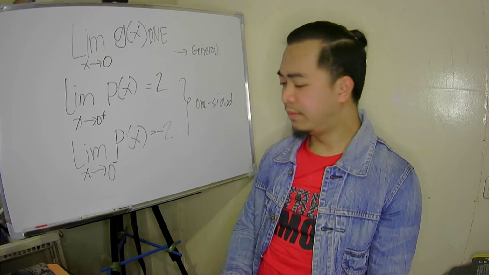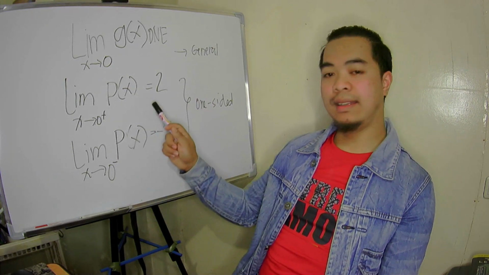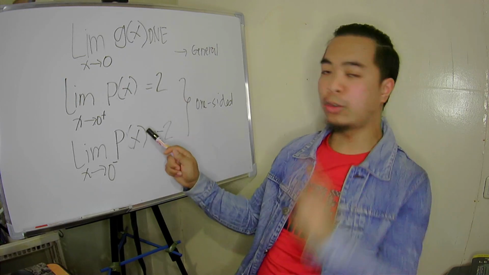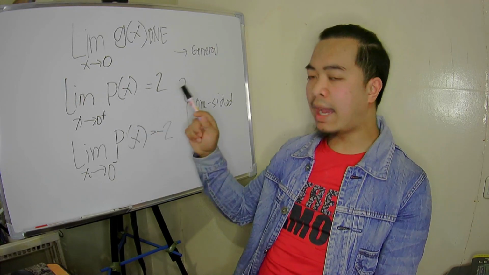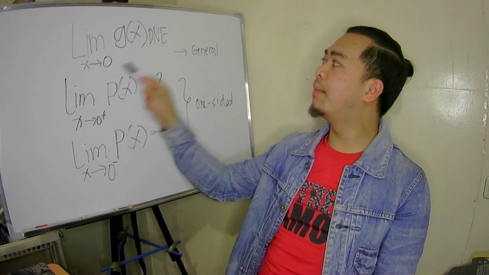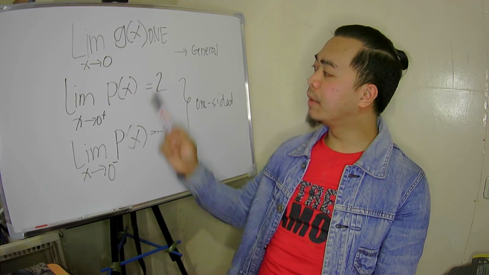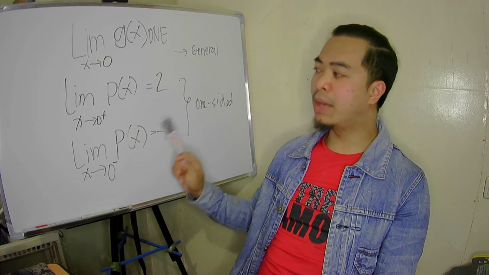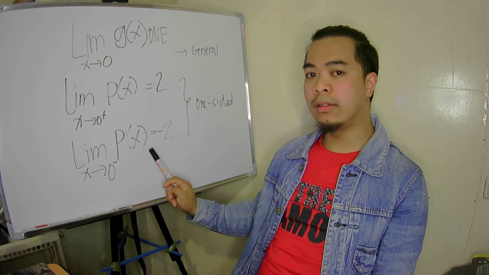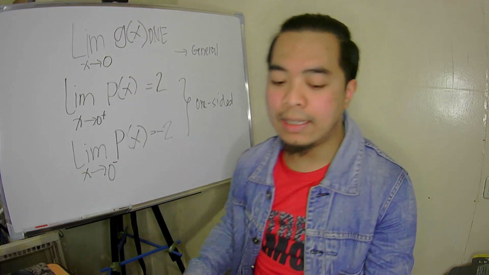That is correct. Kailangan nag-i-exist yung dalawa, the two one-sided limits. At the same time, kailangan equal sila para may value itong g of x. So maaari din na meron ito pero wala yan, infinity ito, may value ito, hindi pa rin magkakaroon ng value yung general limit natin.